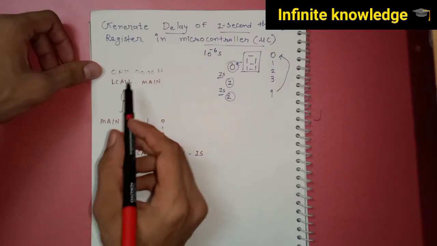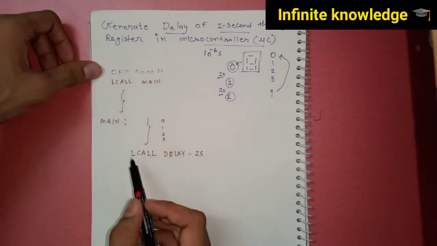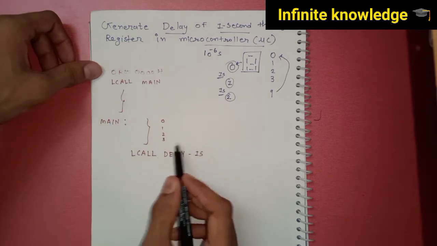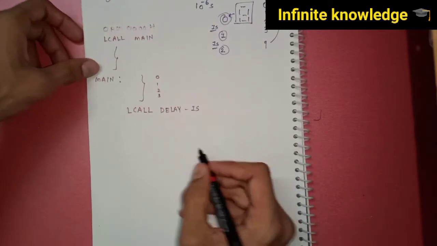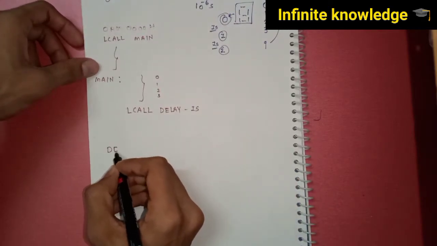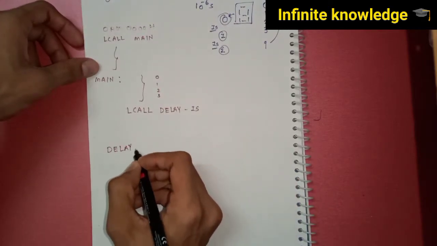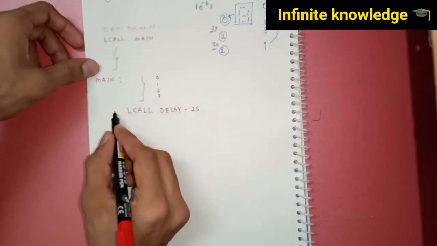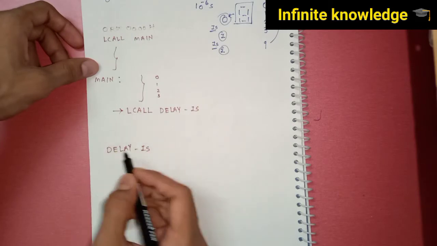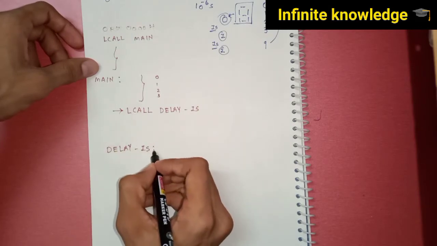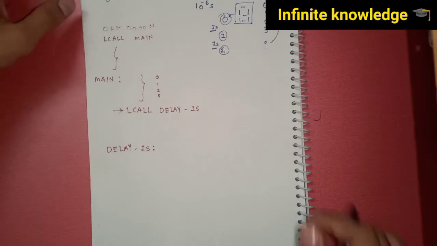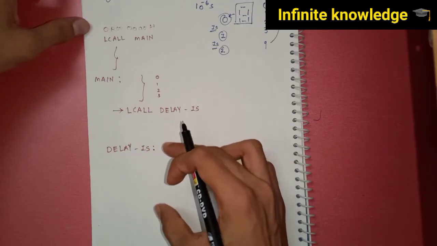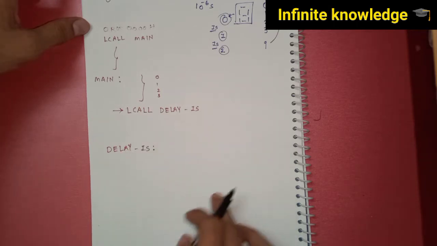When the program is running, it will come here and jump directly to the delay for 1 second. We want to focus on this delay, and I will show you how to write a program for a delay of 1 second.